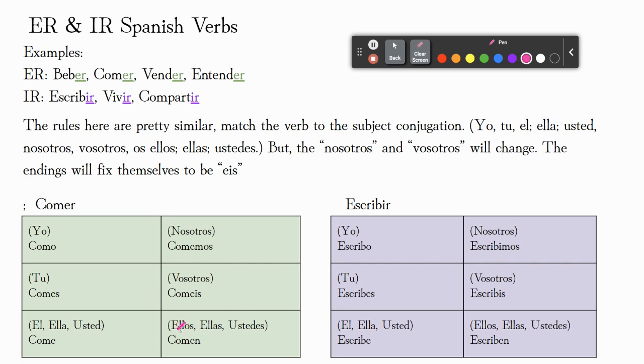And similar for the ellos, ellas, ustedes form, it ends in EN instead of AN. With the AR verbs it ends in AN, but because these are ER and IR verbs, they end in EN. So for comer, we have comen. Escribir, we have escriben. Ends in EN.